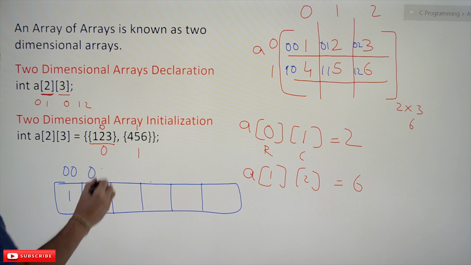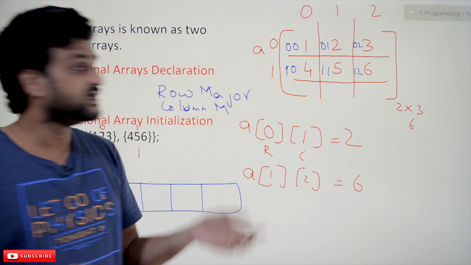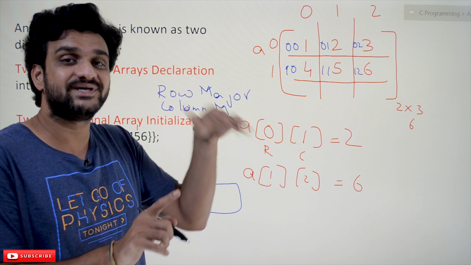A compiler can use either row major order or column major order. If the compiler is using row major order, the values will get stored row by row. So the first value will come here, second, third, row by row. The first row has been done, the second row is 4 5 6. If the elements are stored in this way, it is what we call row major order.